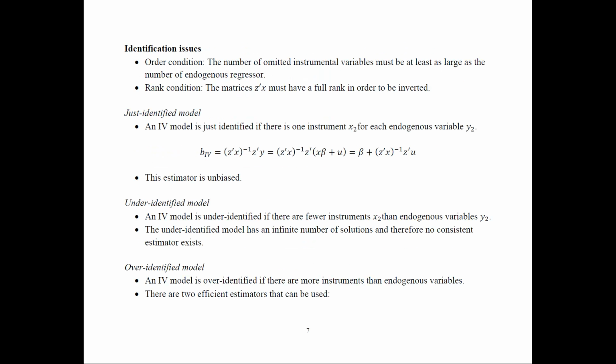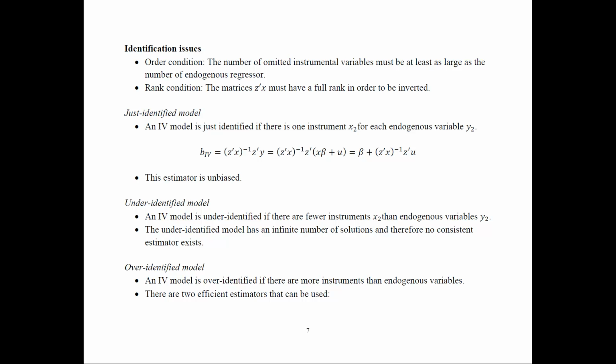So now I will talk about the identification issues. The first one is the order condition, where the number of omitted instrumental variables must be at least as large as the number of endogenous regressors. And the second one is the rank condition, that the matrix Z prime X must have full rank in order to be inverted.